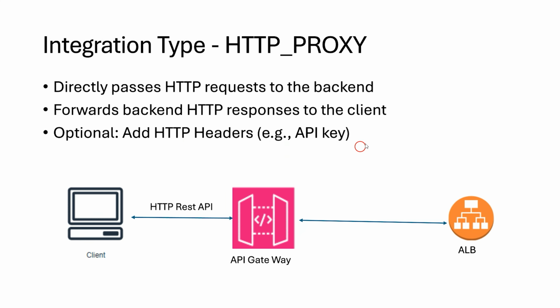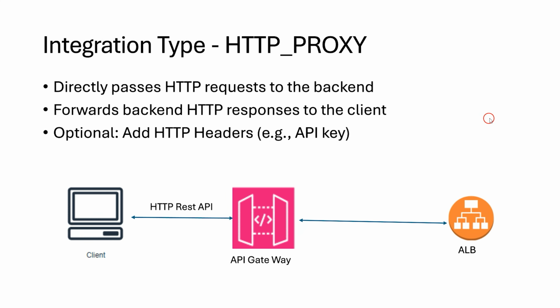Other than that, you can't do any customization here. Get the request from the client, just push it to the backend. Get the response from the backend, just push it to the client. That's it. There is no customization like AWS proxy, Lambda proxy. Okay, so if you want customization, you have only one option, that is HTTP or AWS integration.